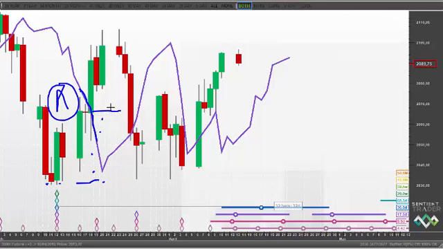So we had 1/3, 1 and 1/3, 2 and 2/3, and 3 and 1/3. Did I say 2/3? That was an error. So price moved up about 3 1/3 grid lines above the crossing point.